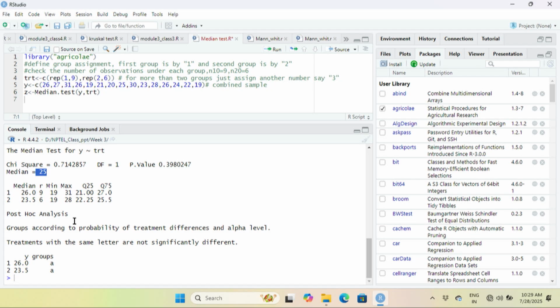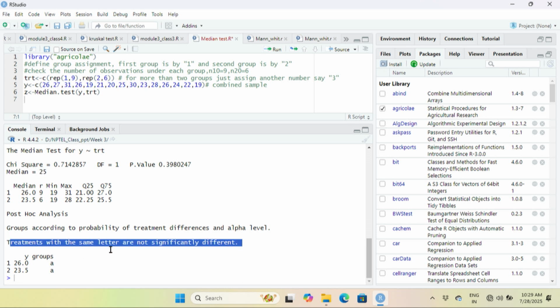But in case you have 3 groups and you would like to check whether the medians of each of the groups are the same, that is, mu1 median equals mu2 median equals mu3 median, then post hoc analysis will be of great help.